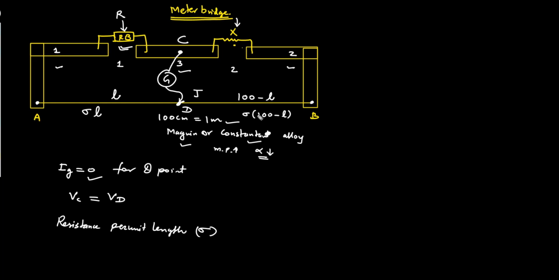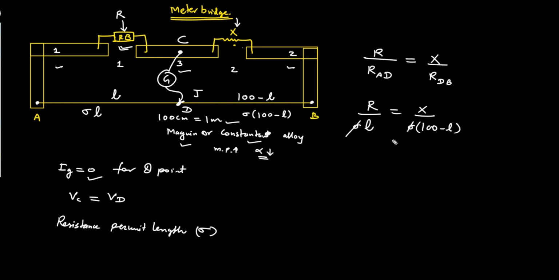Now because bridge is balanced, so what we will write? The resistance R divided by resistance of wire AD, P by Q, equals X divided by resistance of DB wire. R as it is. Now AD is L. X as it is. Now DB is 100 minus L into sigma.